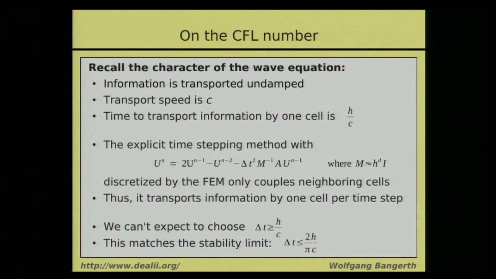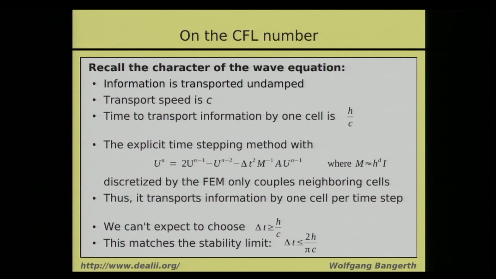And so the value at the ith node of my finite element mesh at time tn depends only on the immediate neighbors, because this A is a matrix that only couples neighbors. So no matter how large I make that time step, the solution at every given time step will only affect the solution at the neighbor nodes at the next time step, no matter how large the time step is.